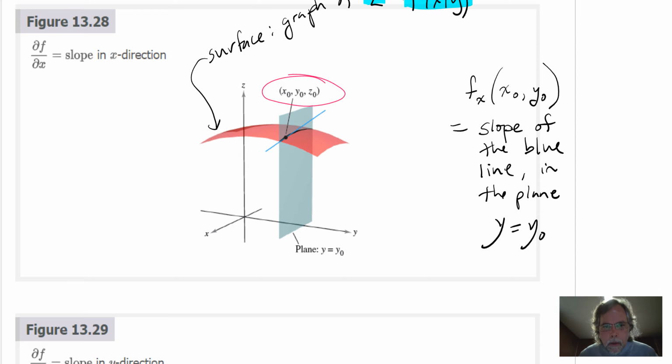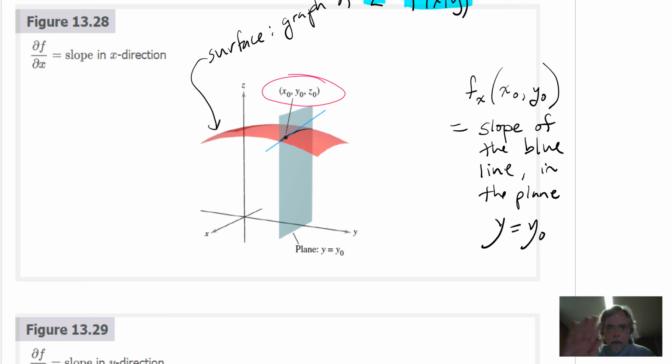And then we go to that point on the curved red surface, the x0, y0 point, and we fix the plane. The variable y equals the number y0. So all the points in 3D with y coordinate equal to y0 make up that plane.